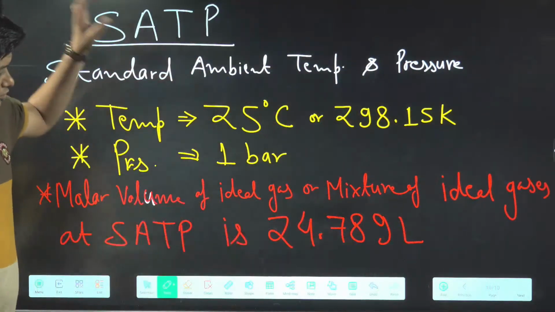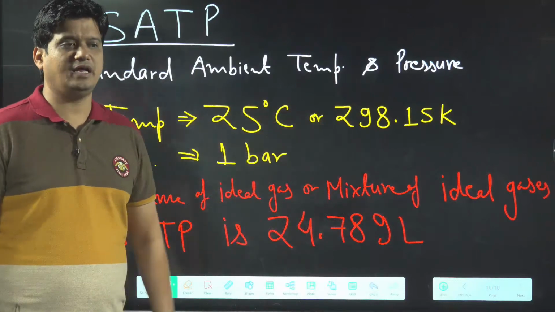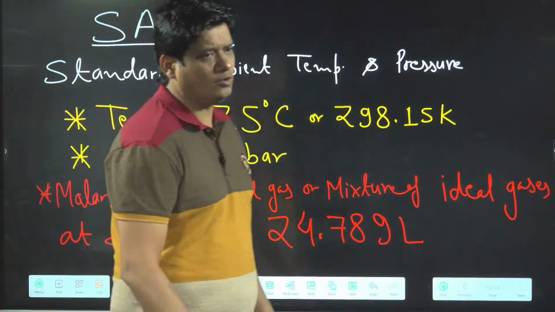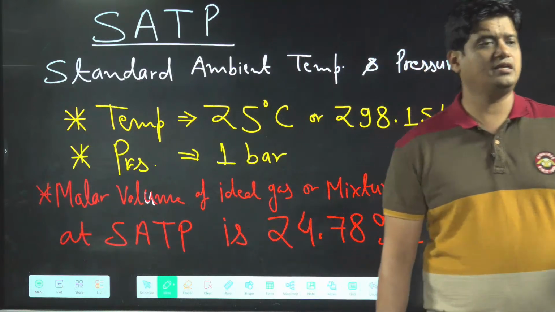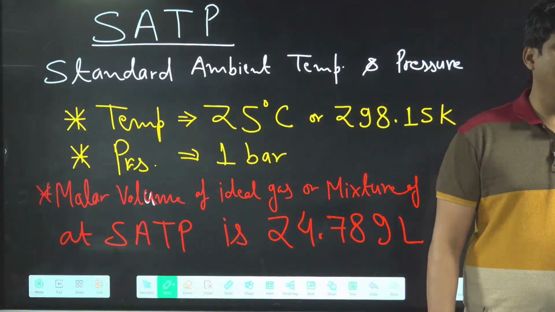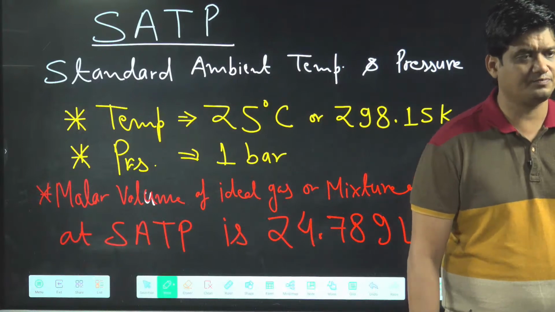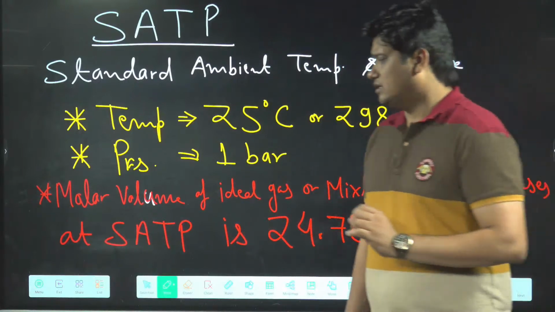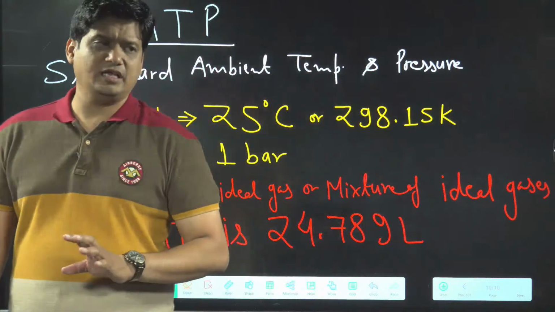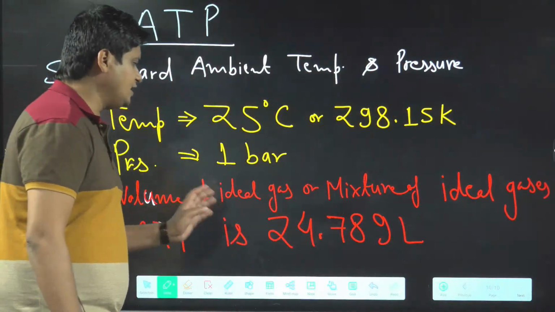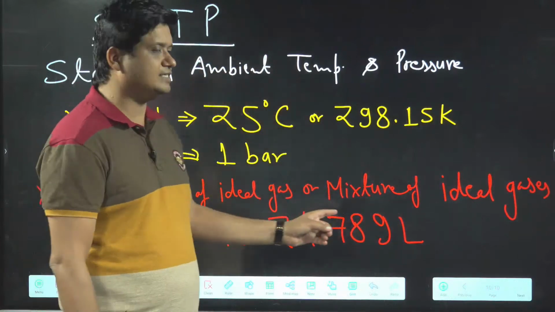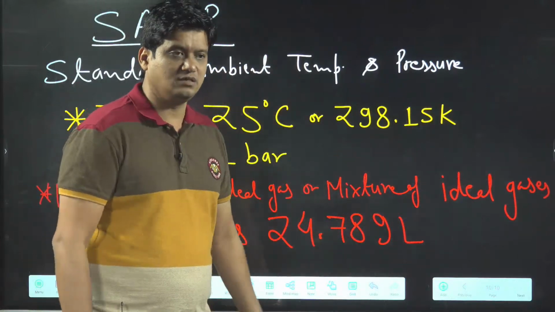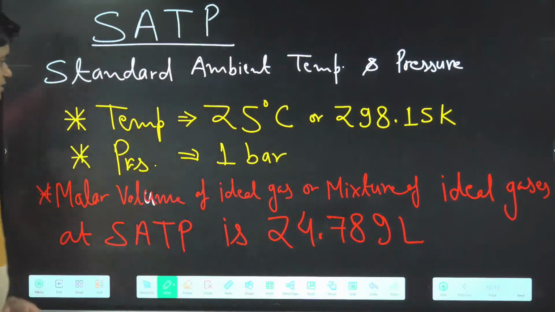This data is also given in your NCERT. I gave you homework, and I told you in the previous class, you can see it in your NCERT of states of matter. In the NCERT, it is clearly mentioned that molar volume of ideal gas or mixture of ideal gases at SATP is 24.789 liter. Okay, now please note this down.